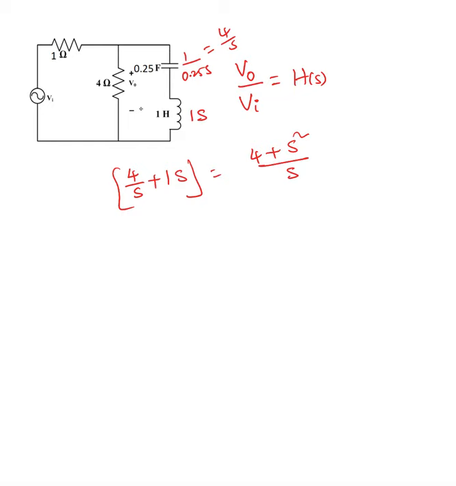Now I want V naught. V naught is the voltage across this parallel combination.